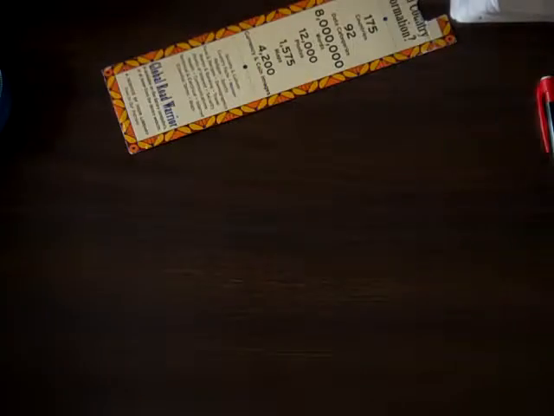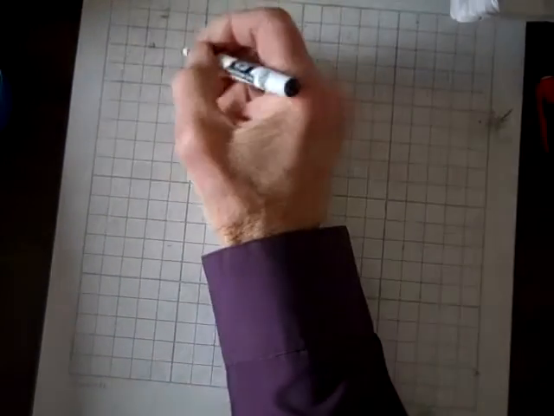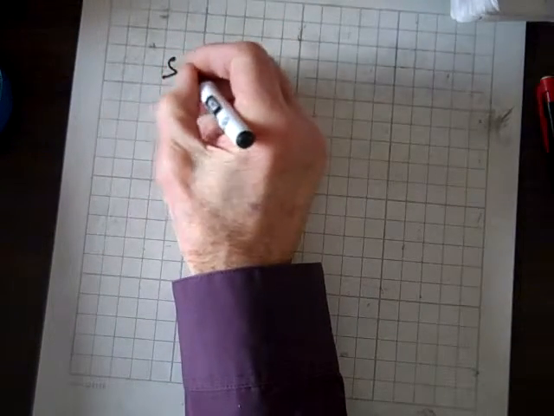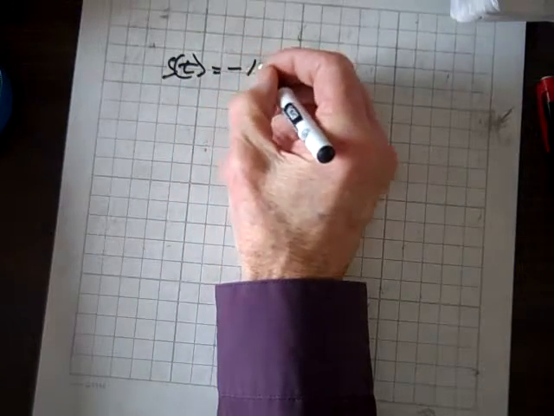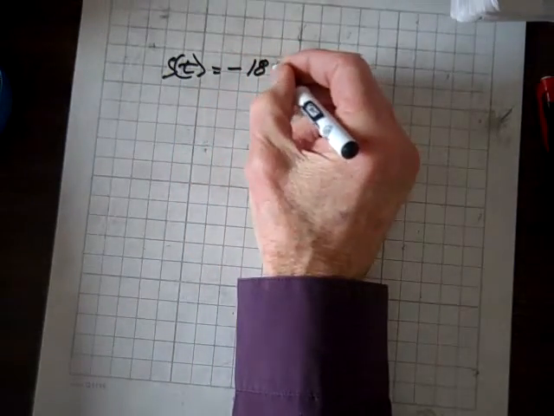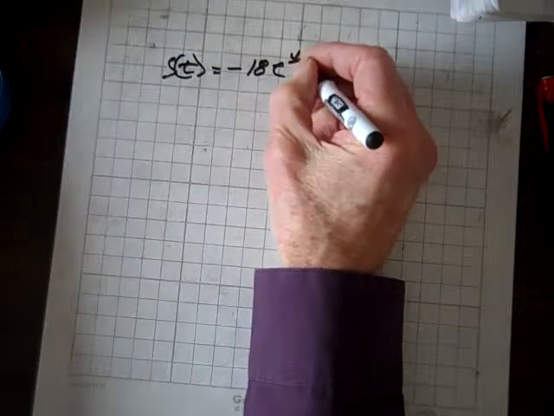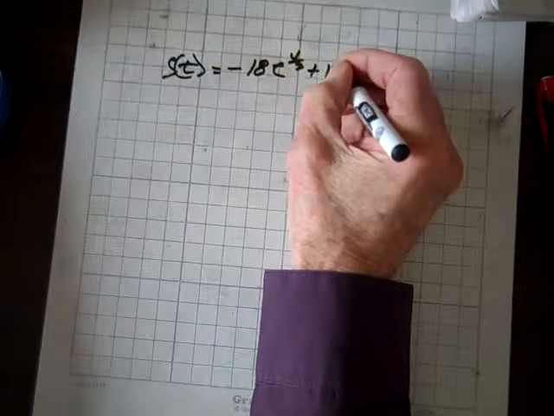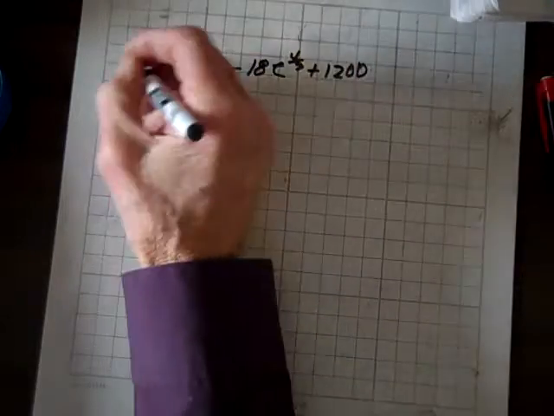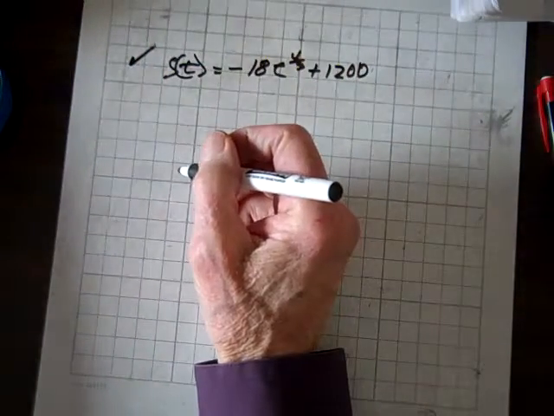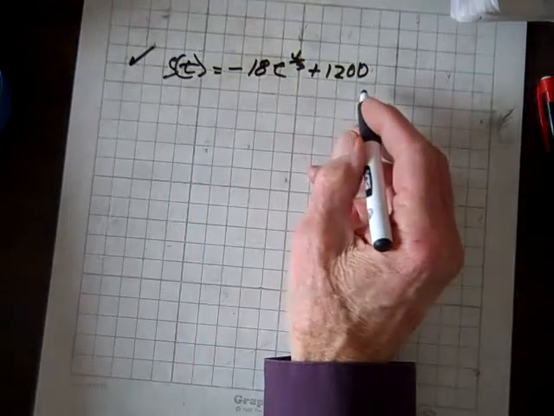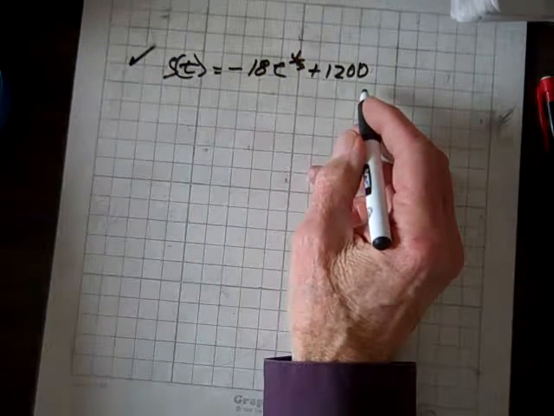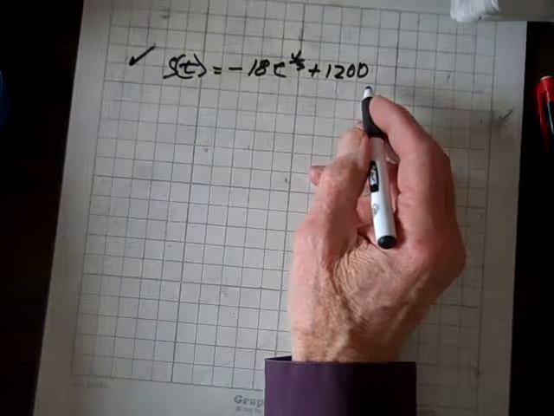Now let's keep going. We know now that S of t equals negative 18 t to the 4/3 plus 1200. So we were asked to find that. Now they said, how long will it take for them to stop production, or how much longer are they going to be producing these things?